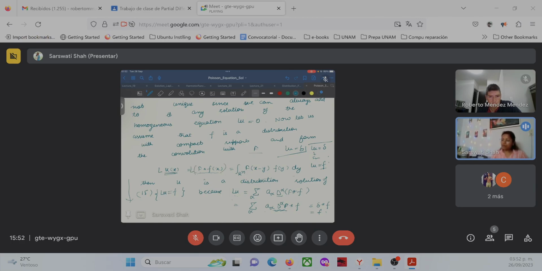So L of u, and using the derivative of the convolution, that is, the derivative of the convolution of two functions is the derivative of one function convolved with the other function, this is defined as L of F star f. And since F is a fundamental solution, L of F equals delta, and when we take the convolution with the delta function, it gives the same function. You may check it.